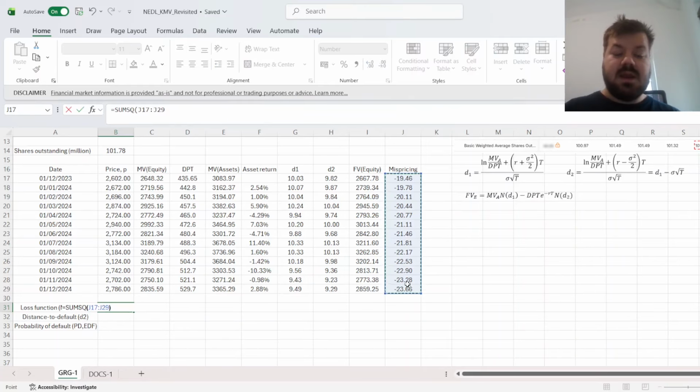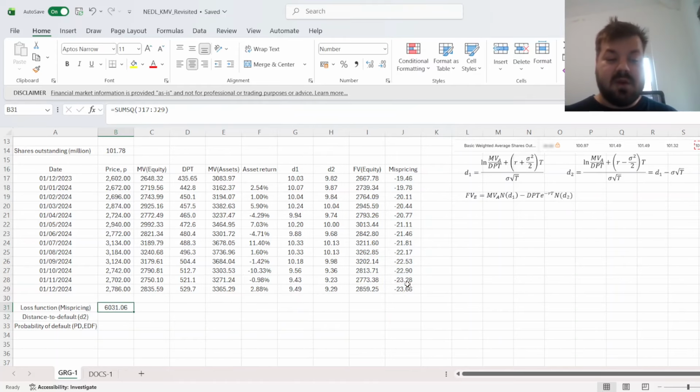Sum squared is there, first of all, because we are concerned with mispricing in any direction. We don't want the Merton framework to over or undervalue our market value of equity, and also to enable smoothness, because as a square, this would allow the algorithm to converge faster and avoid falling into any non-smooth pitfalls.